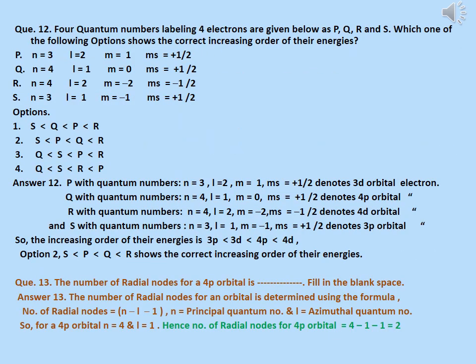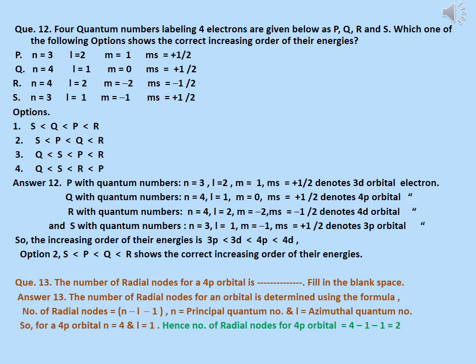Question number 12. Four quantum numbers labeling four electrons are given below as P, Q, R, and S. Which one of the following options shows the correct increasing order of their energies?